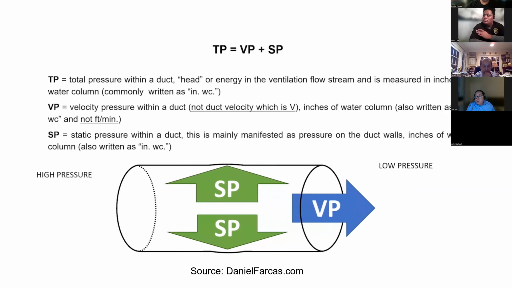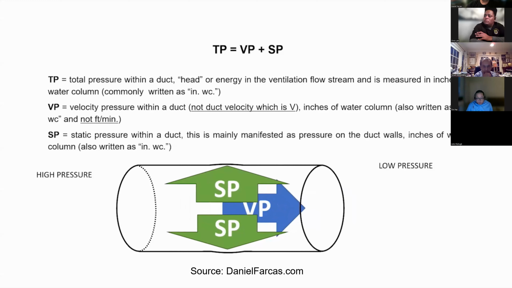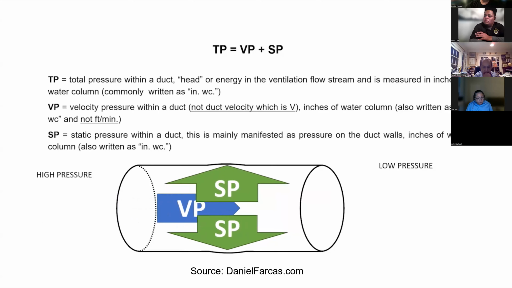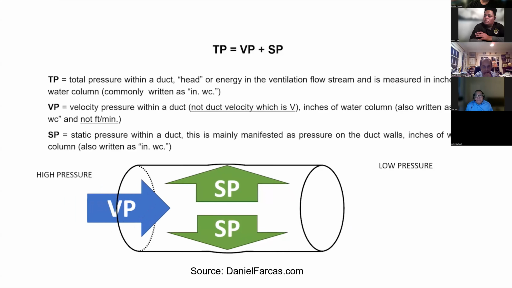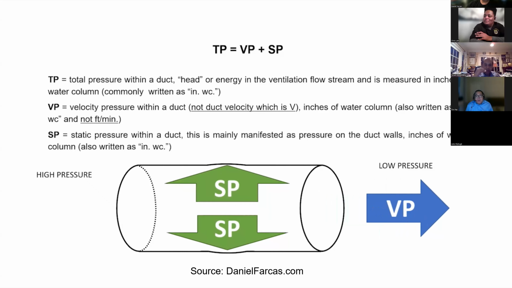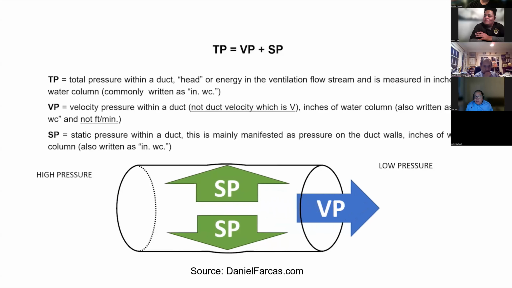It states that total pressure, which represents total energy, is the sum of velocity pressure, which is movement pressure and always positive, and static pressure, which represents the pressure of air exerted in all directions.